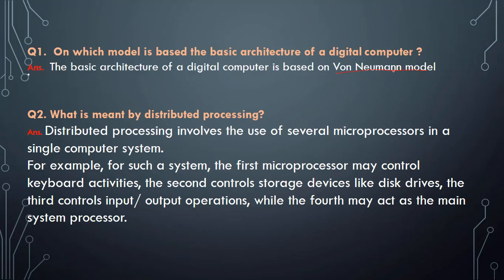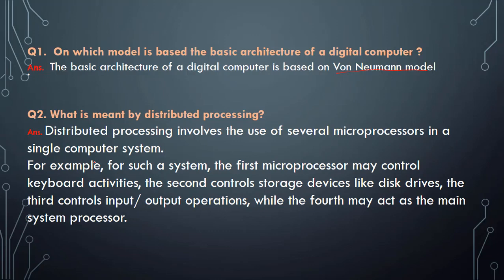The next one, what is meant by distributed processing? Distributed processing involves the use of several microprocessors in a single computer.